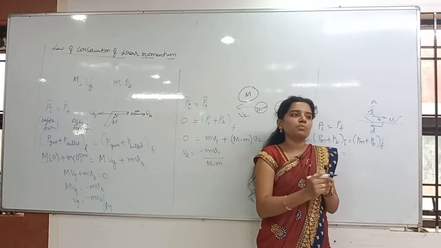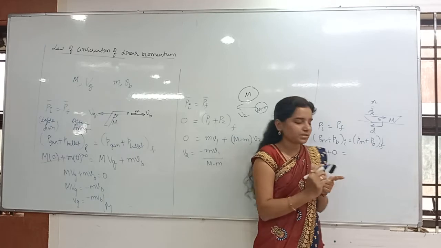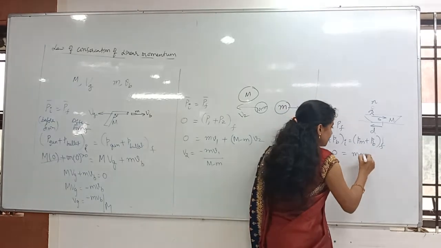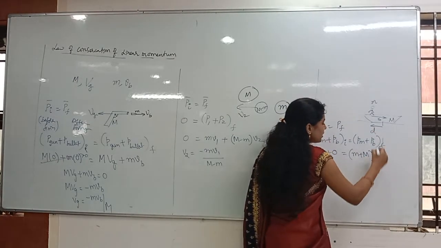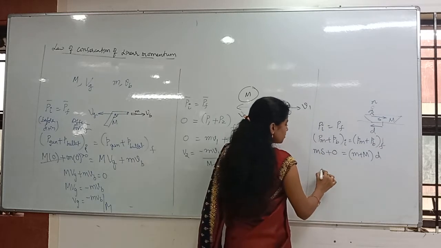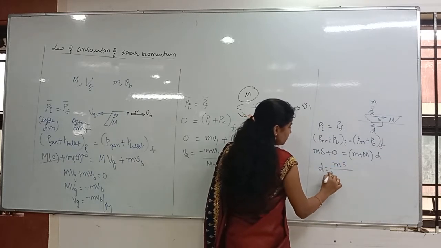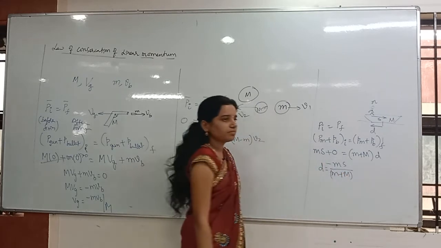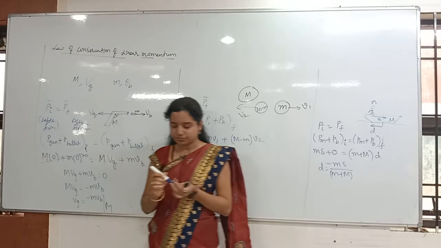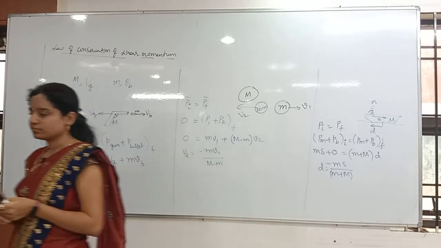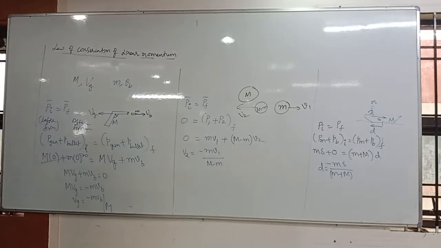Boat plus man, small m plus capital M, are moving a distance D. So D is equal to ms by small m plus capital M, of course in the opposite direction, minus ms by m plus M. Clear?